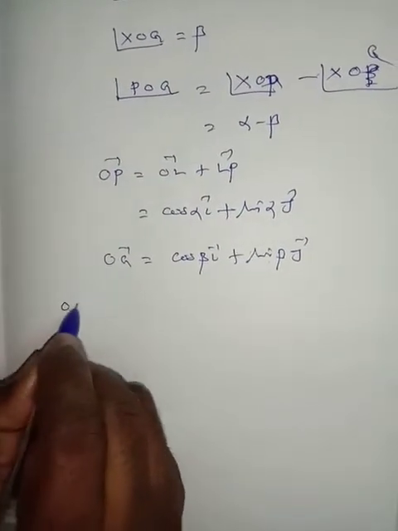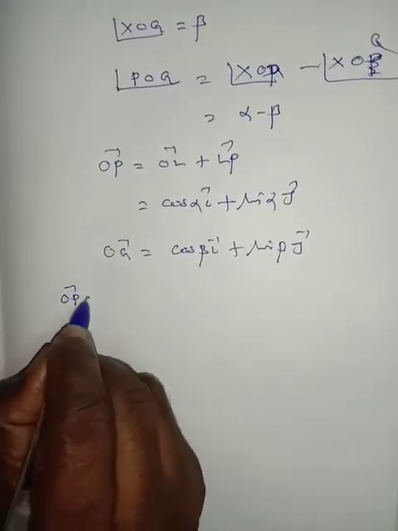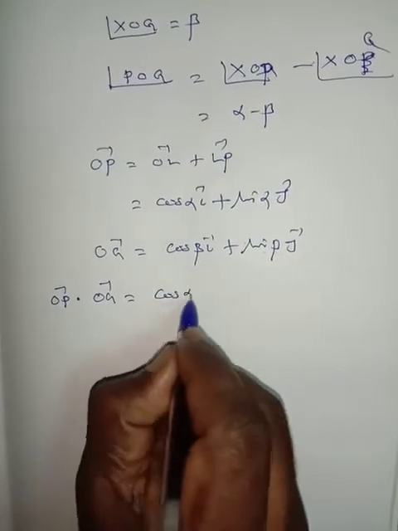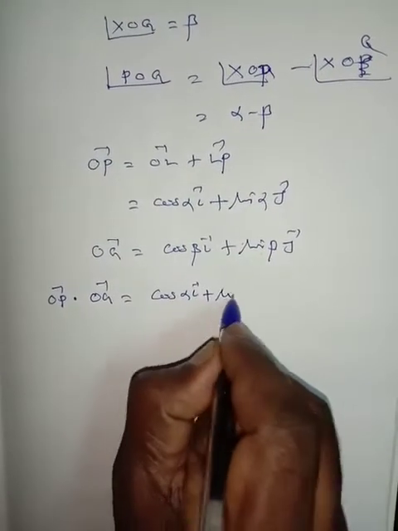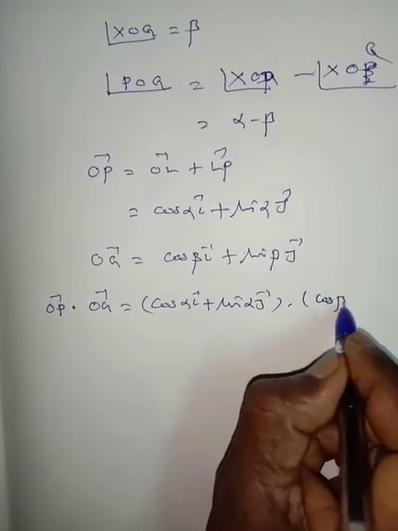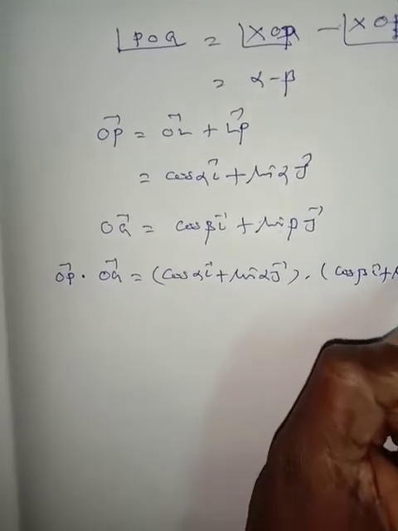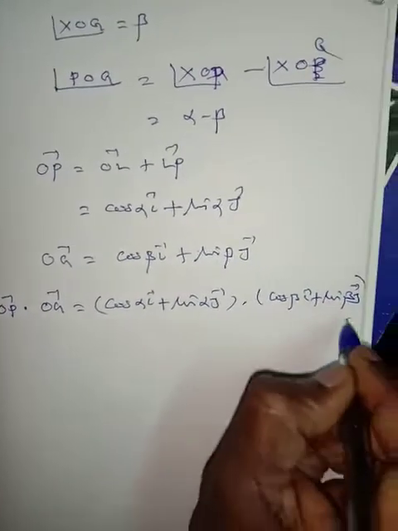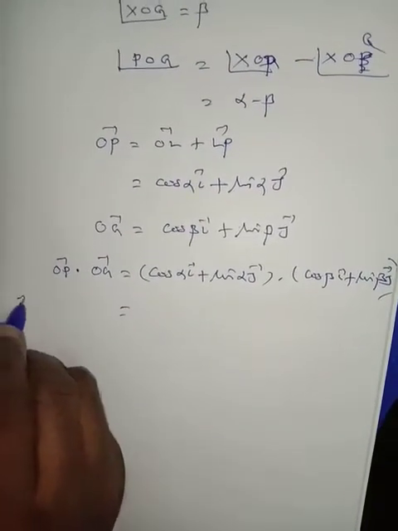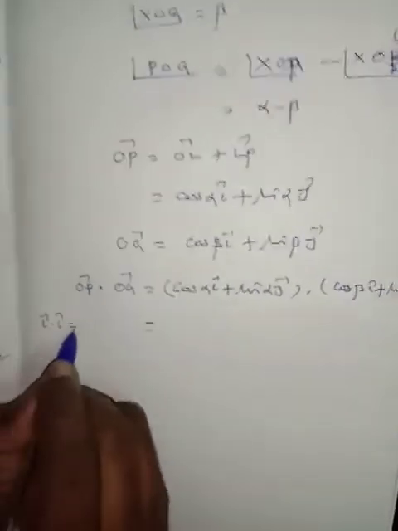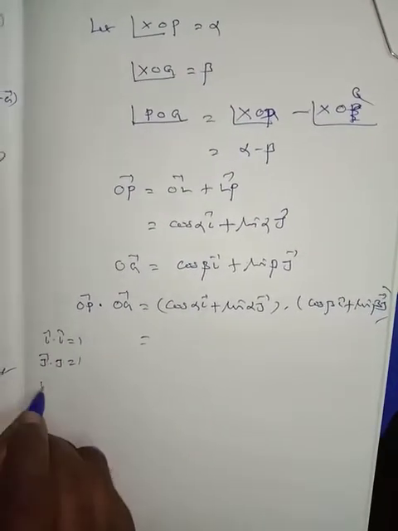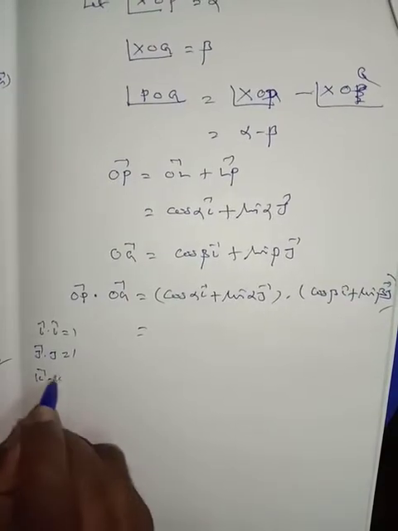Now OP vector dot OQ vector is equal to cos alpha i vector plus sin alpha j vector dot product of cos beta i vector plus sin beta j vector. We know that i dot i is 1, j dot j is 1, k dot k is 1.